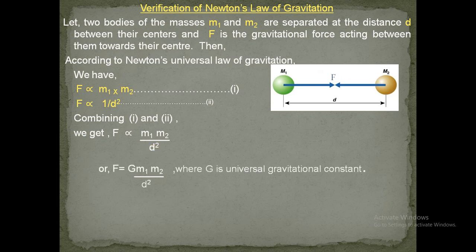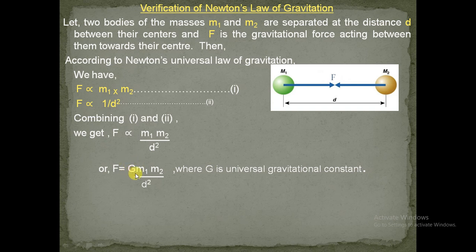Now we are changing the proportionality sign into an equal sign. Here we have seen the proportionality sign, but here we can see the equal sign. To change the proportionality sign into an equal sign, we have to multiply by a certain constant.